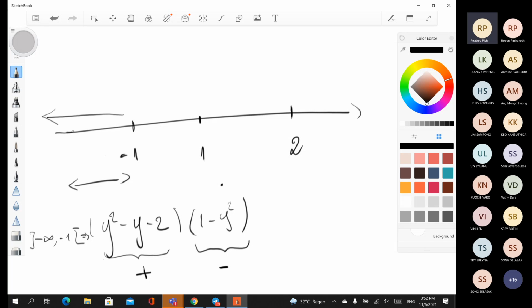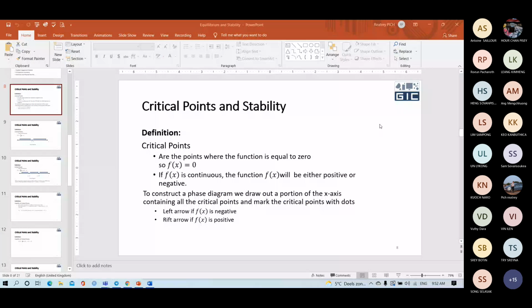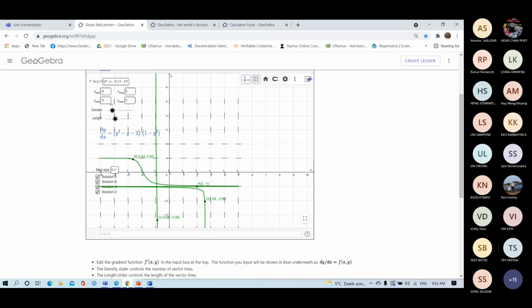If you would like to verify your answer, we can go to see the graph again. Do you see the slide here? When our value equals -1, it tries to reach out. So the first value is okay, it's correct.